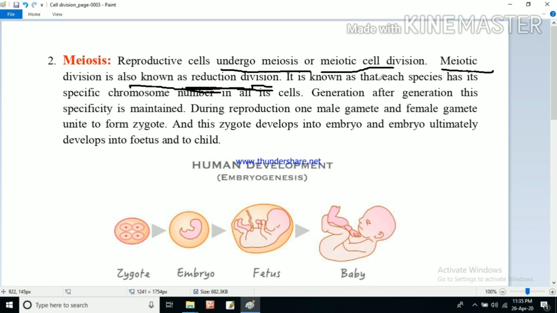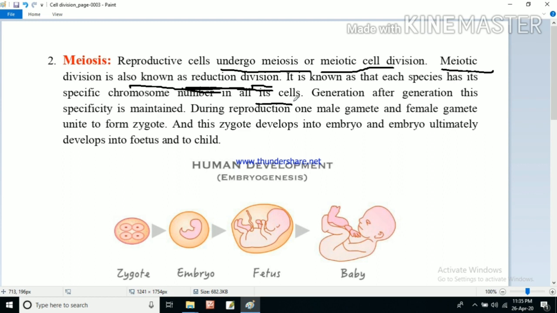It is known that each species has its specific chromosome number in its cells. Whether it is human or any organism, it has some specific chromosome number. In humans we have 46 chromosomes, but other organisms like tiger and lion have different chromosome numbers, which will be exactly the same for the entire species.